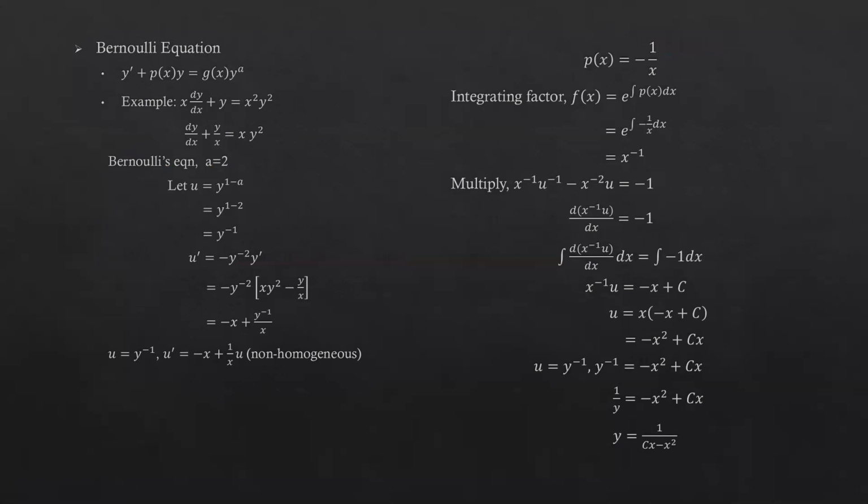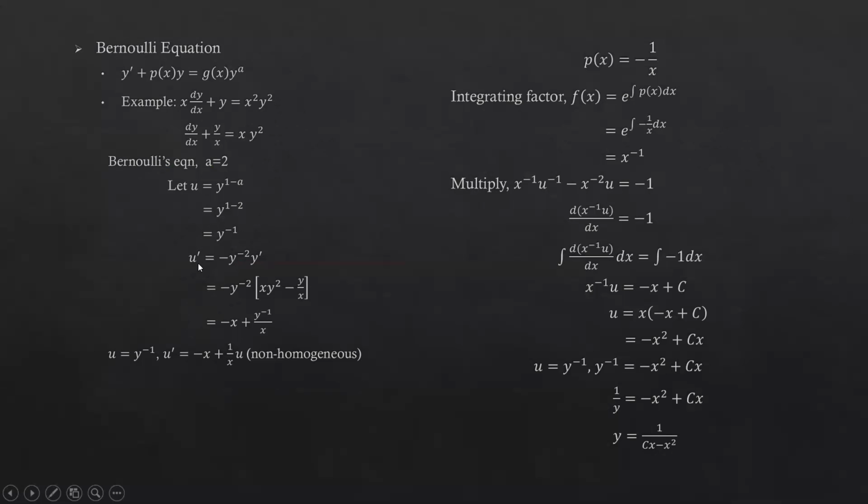The last method is the Bernoulli equation. We use it to transform a nonlinear ODE into a linear ODE. For this method's example, it is a nonlinear ODE. We set u equals y to the power of 1 minus a, and we get the value of y to the power of negative 1.